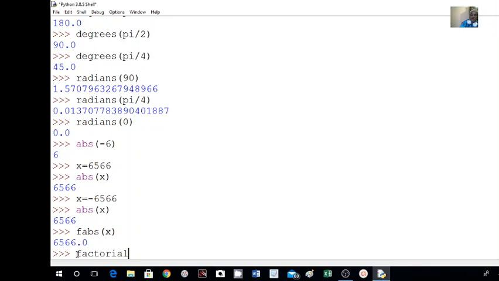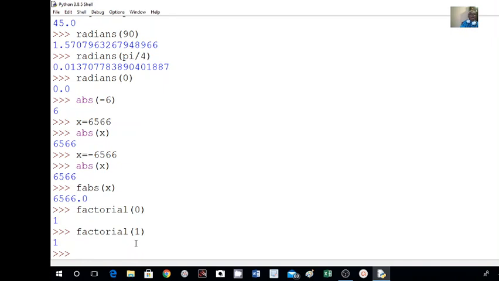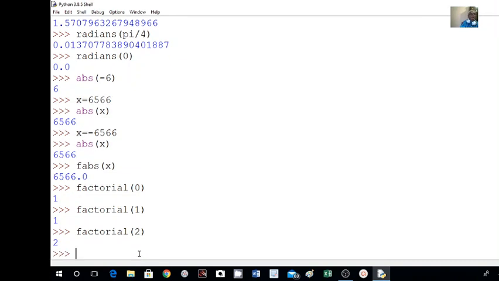Next, one more command, factorial of 0, 1. Factorial of 1 is again 1. Factorial of 2, enter, 2.